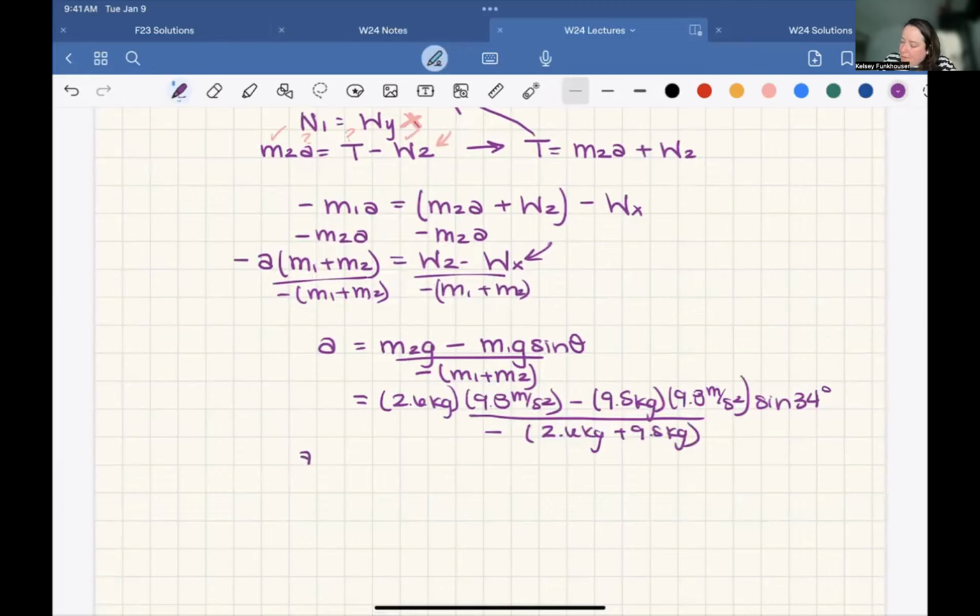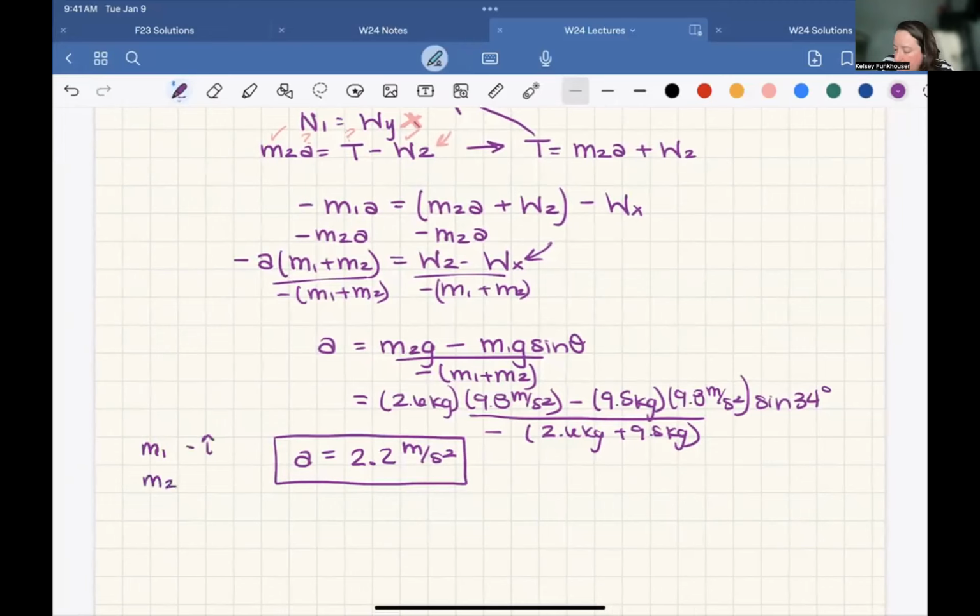And we get an acceleration of 2.2 meters per second squared. So this is for mass 1, it's in the negative i hat direction, and for mass 2, it's in the positive j hat direction. And remember, this is just negative x and positive y.